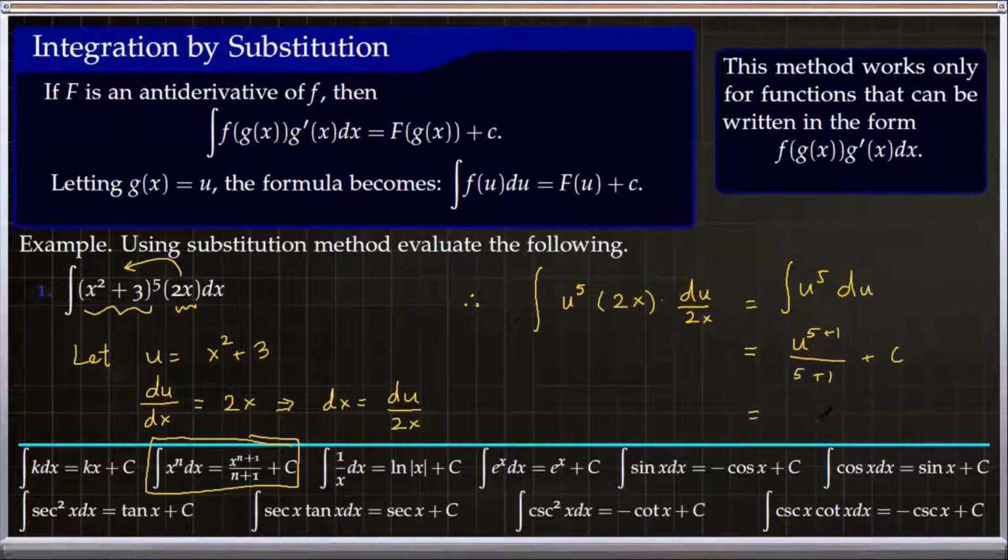And I can go one step further, simplifying: u to 6 over 6 plus constant. Now finally I can write the function in terms of x back, because u is x squared plus 3. So we have x squared plus 3 to 6 over 6 plus constant. So this is the antiderivative of x squared plus 3 to 5 times 2x.